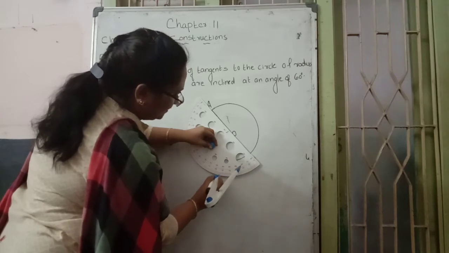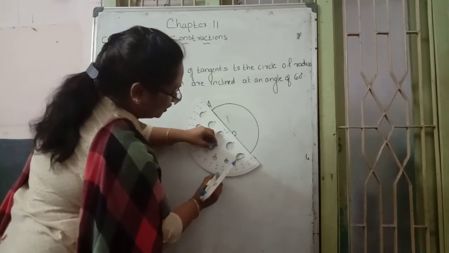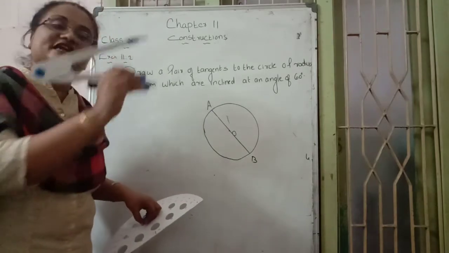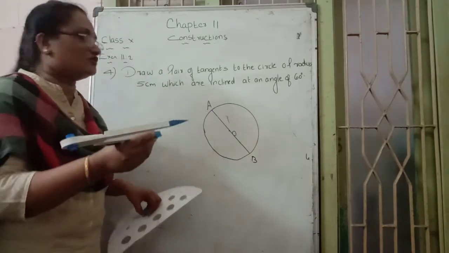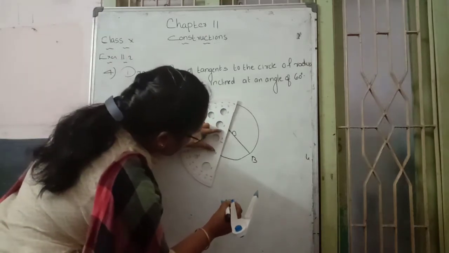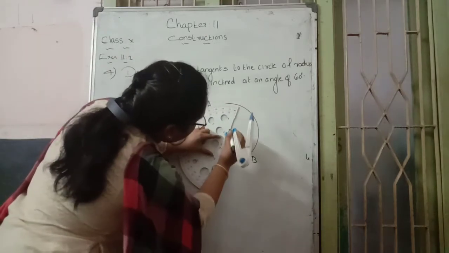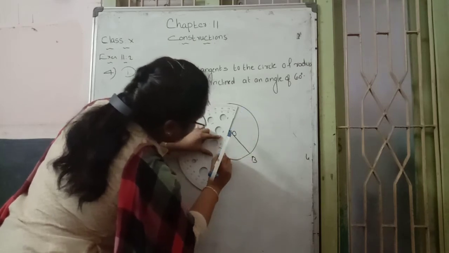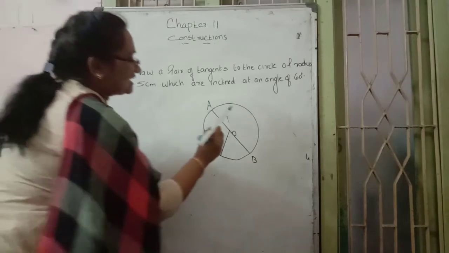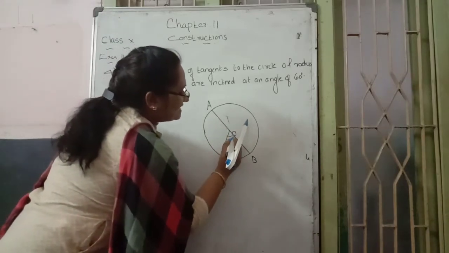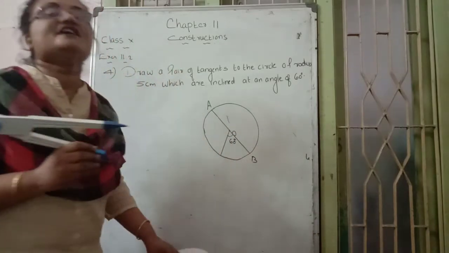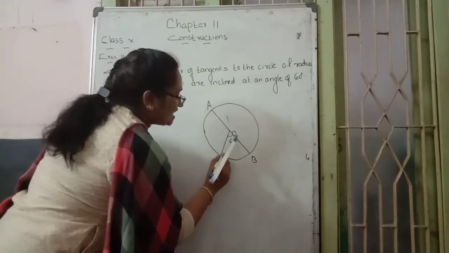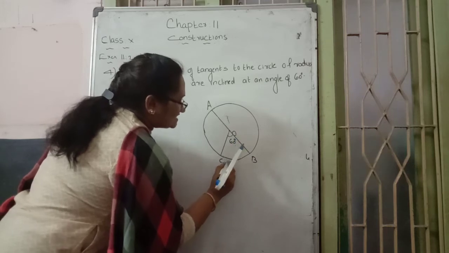The point comes outside the circle, but the line joining it does not go outside, only up to the circle. Join the center O to that point. This represents the 60 degree construction. You can give any alphabet; I mark it as C.